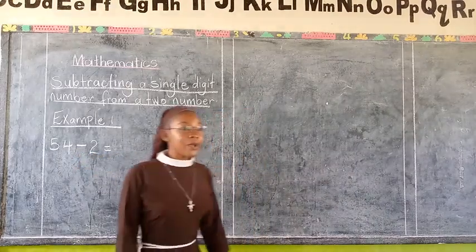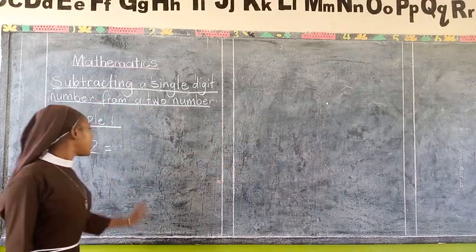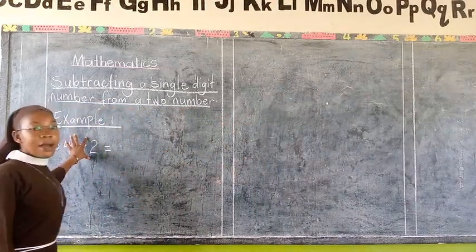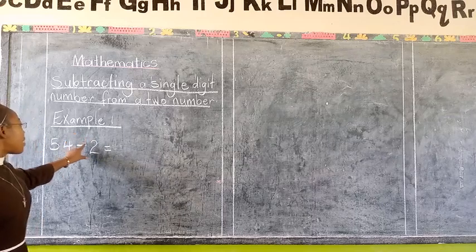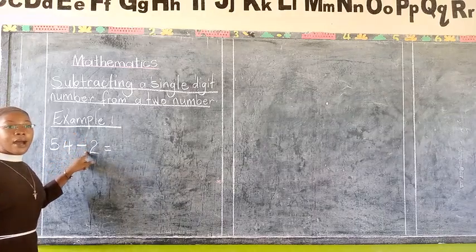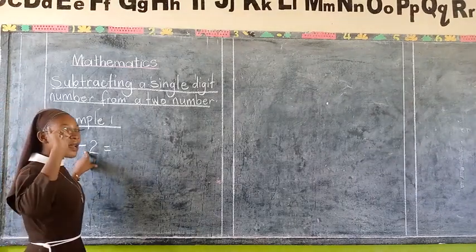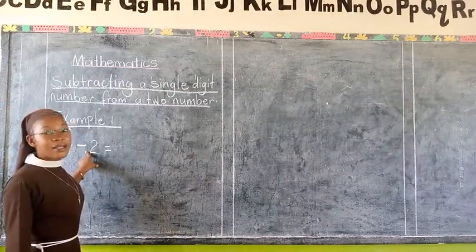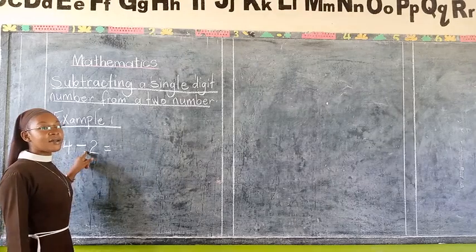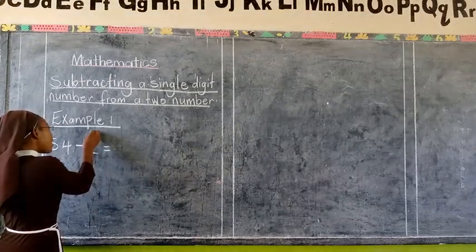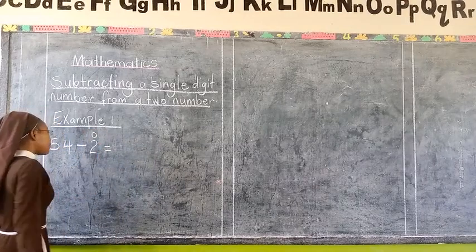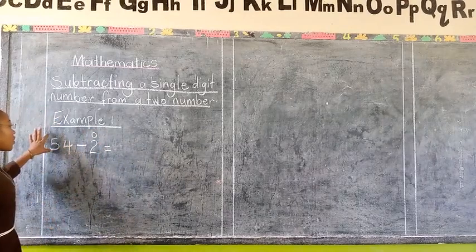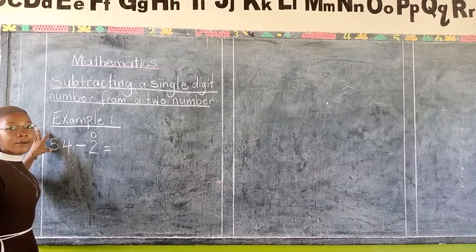The first step is to mark our place values, is to mark these numbers according to their place values. Number 2 is a single digit number, meaning it has one place value, and that is the ones, represented by which letter? Letter O. So we shall write letter O here. Then we go to number 54.